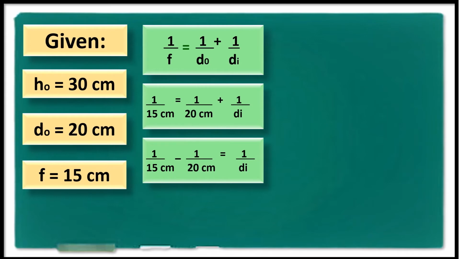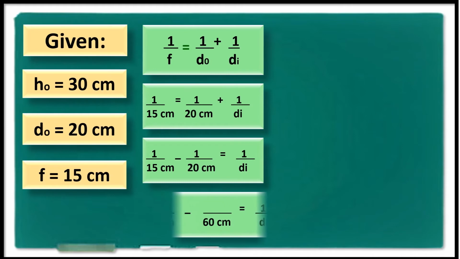In your lesson in mathematics, you have learned that in order to subtract fractions with different denominators, you have to find the LCD or the least common denominator. So, in this example, what do you think is the least common denominator? Very good. The LCD that we can use in this equation is 60.